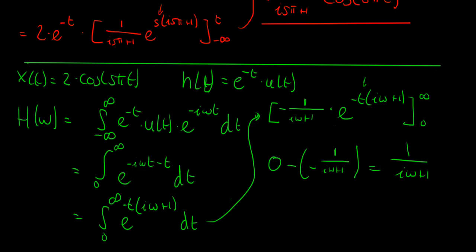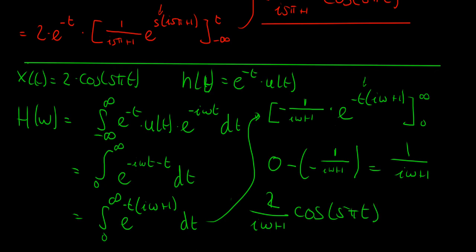Now we multiply this with our input, with x of t, so we get the following. 2 divided by i omega plus 1 multiplied with the cosine of 5 pi t, close bracket.